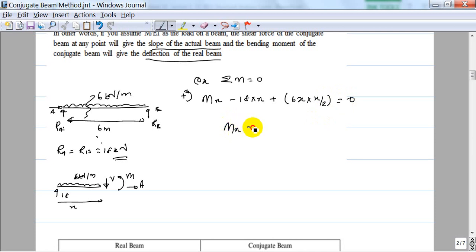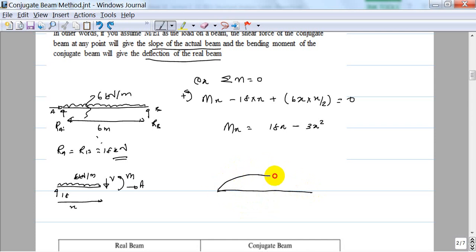So Mx is equal to 18x minus 3x squared. This is the equation for the bending moment diagram, and if I plot it, since it is a second order equation, I'll get a curve like that.